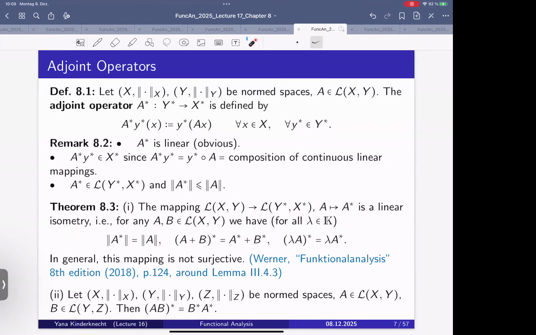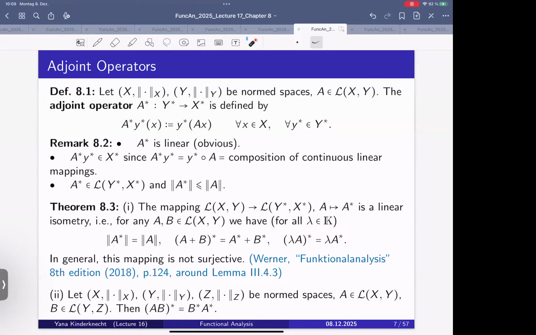And if we multiply an operator A with a scalar lambda from our field of scalars and take the adjoint, then it is the same as we just take the adjoint of A and then multiply with this scalar.